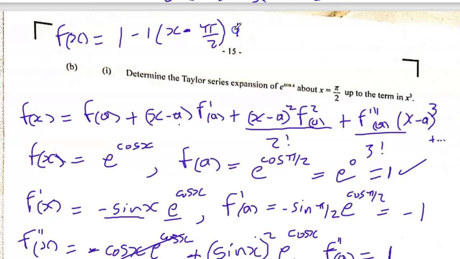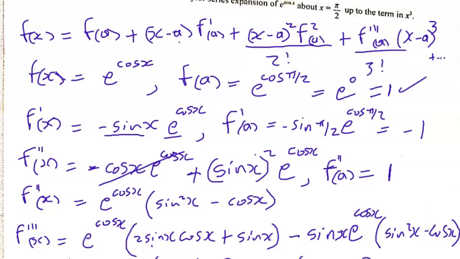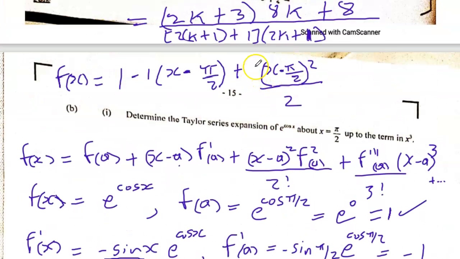Plus x minus pi over 2 all squared over 2 factorial, with 2 factorial just 2, and the second derivative at a was 1, so 1, right?